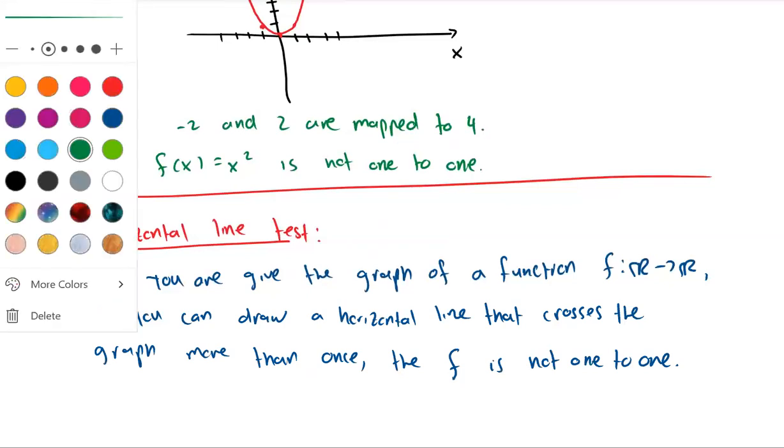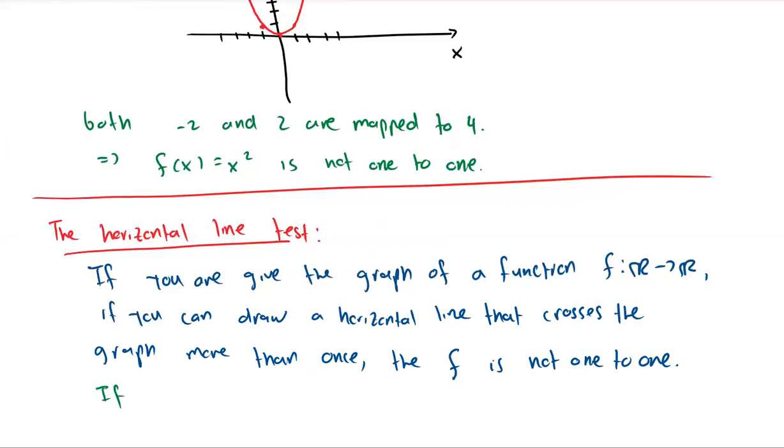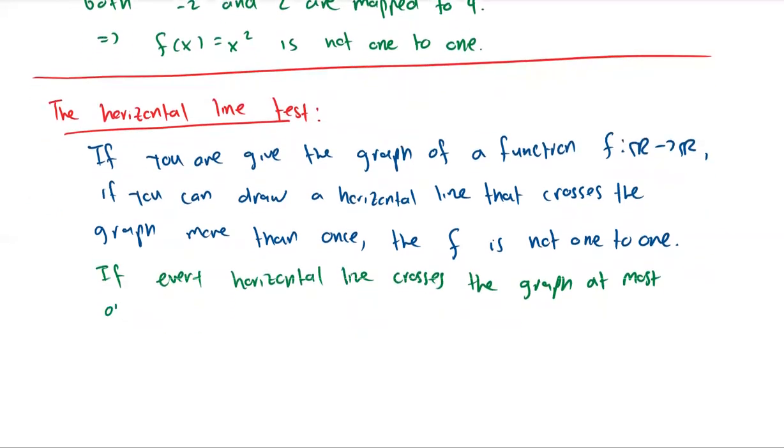And conversely, if every horizontal line crosses the graph at most one time, so one time or none, then f is one-to-one.